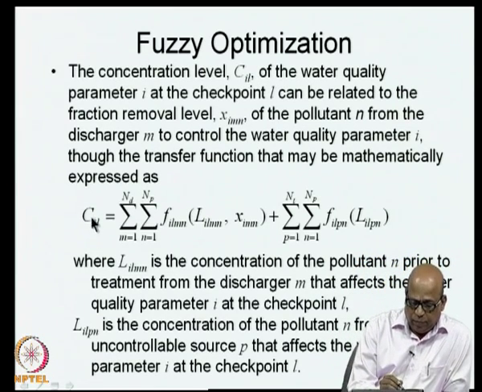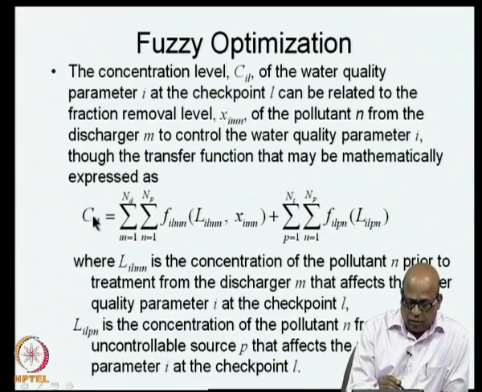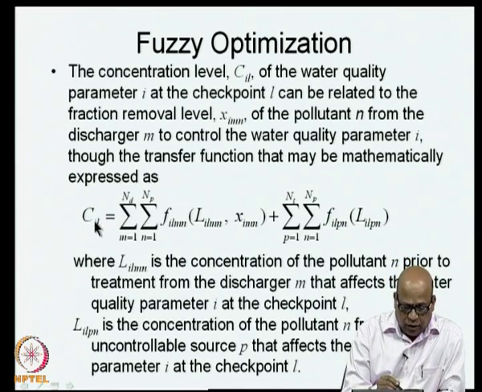So, as I said, if you look at the water quality indicator CIL, this is the concentration of the water quality indicator I at location L. Now, this is an additive effect arising out of the non-point source pollution.